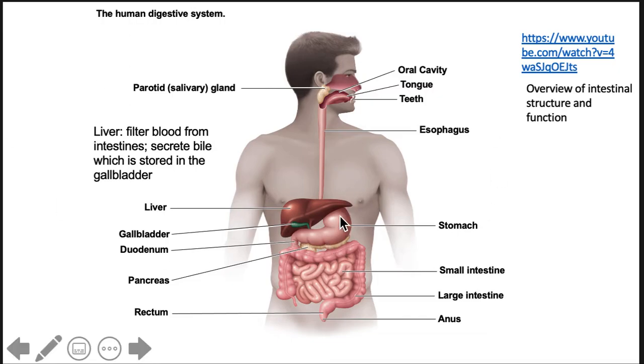Where's my pointer? There we go. We got the stomach, and then that will drain into the small intestine, okay, and it's showing the first part of the small intestine, the duodenum, and it's also showing how your pancreas is kind of hiding a little bit behind and a little bit underneath the stomach.